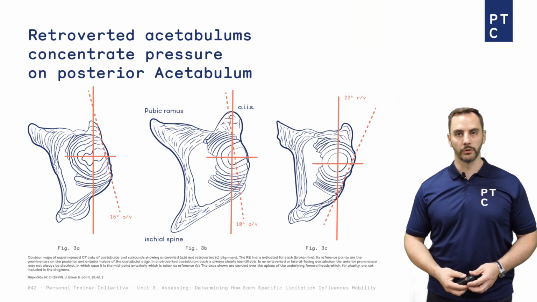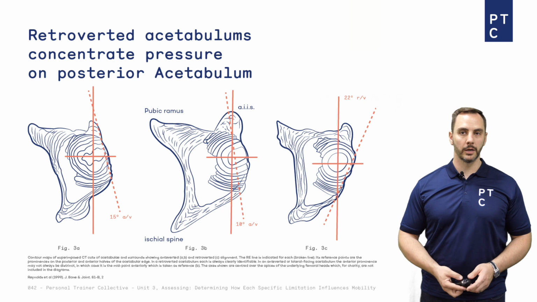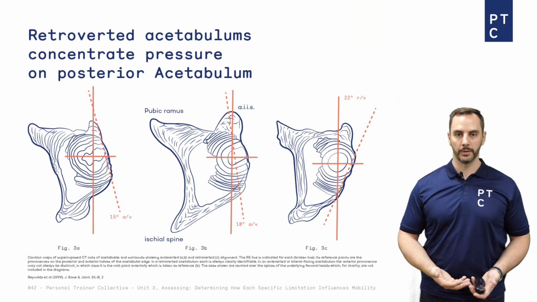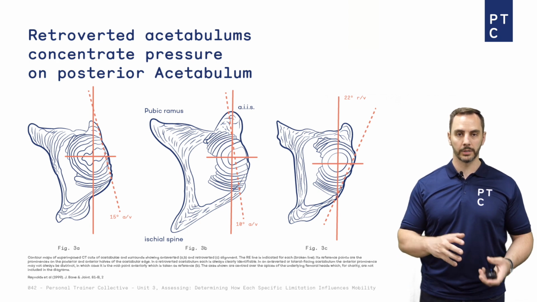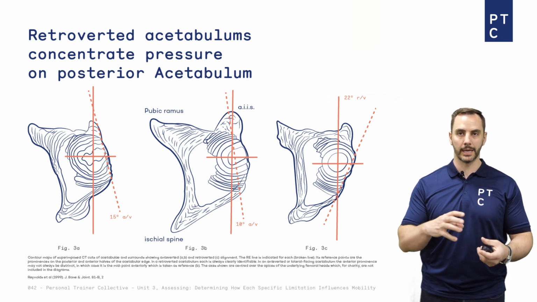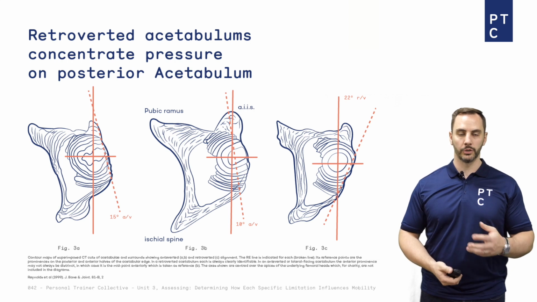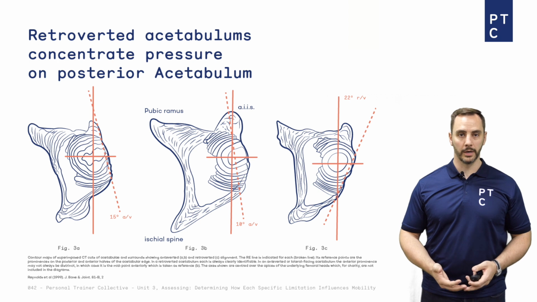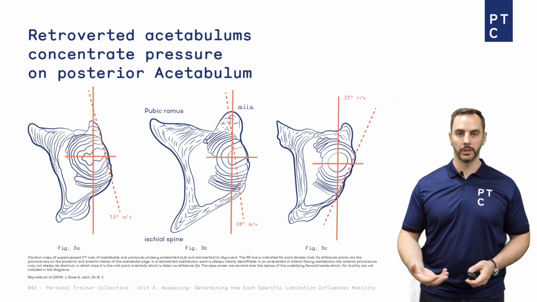If somebody's in more of a retroverted acetabulum, they're going to put more pressure on the posterior element of the acetabulum joint itself compared to somebody in an anteverted position. So whether a person has a femoral neck or acetabular positioning relative to another person in a different alignment, that's going to dictate whether or not one gets wear and tear more prematurely than another.